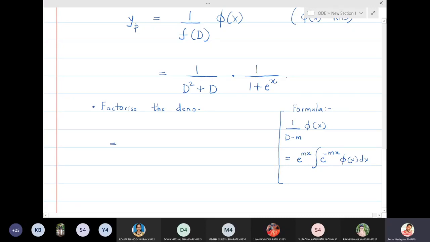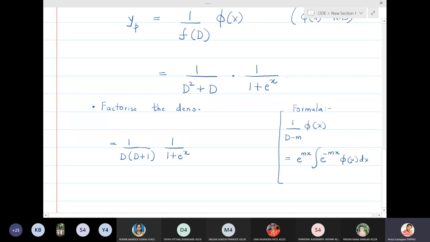Factorize the denominator, which will be 1/(D(D + 1)) times 1/(1 + e^x).